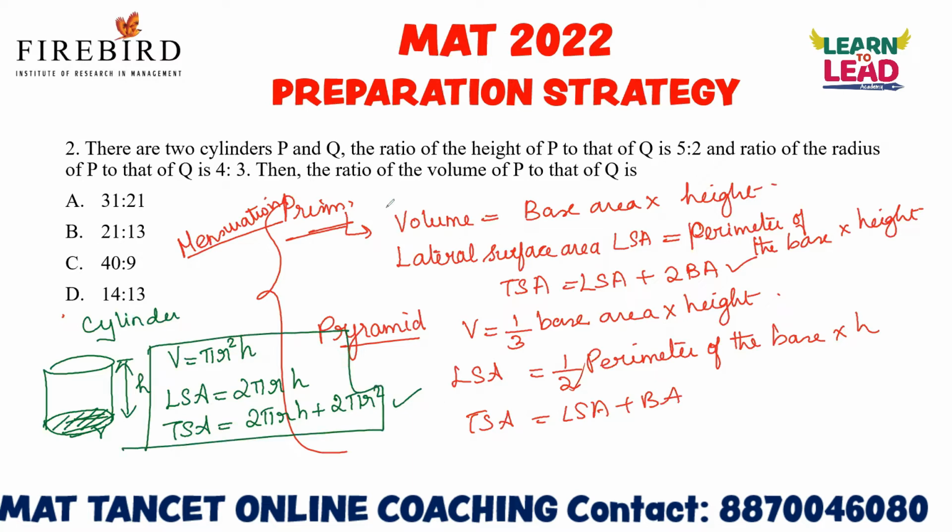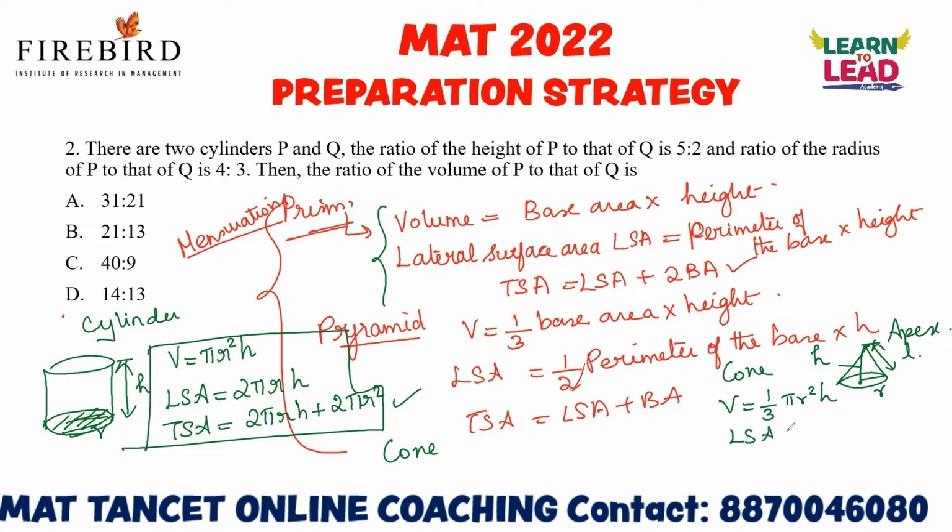Okay, so if I remember these 6 formulas, I can write formula for any object. Suppose I take a cone. This is cone, right? With radius r at the base, and this point is apex point. The distance between apex point and center of the base is nothing but height, and this is slant height. Volume is equal to 1 by 3 pi r square h.